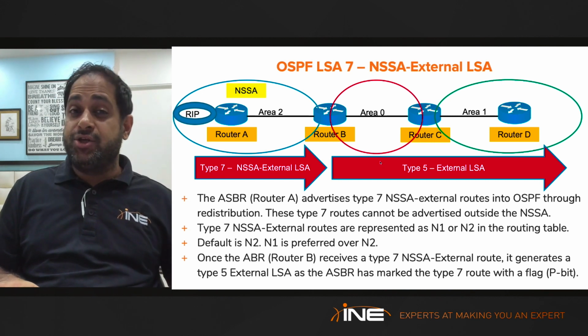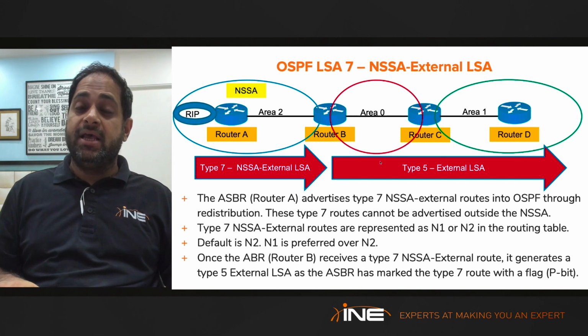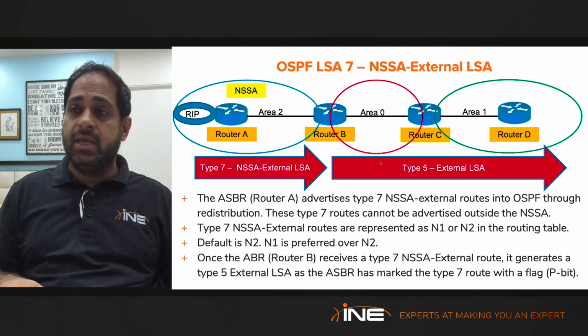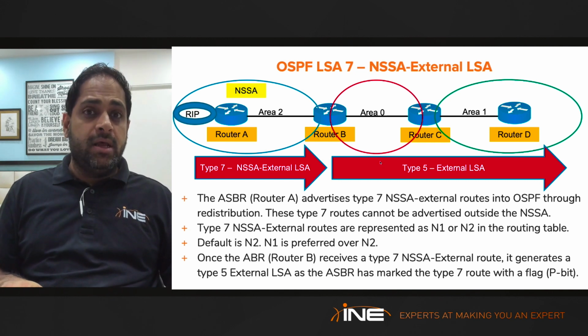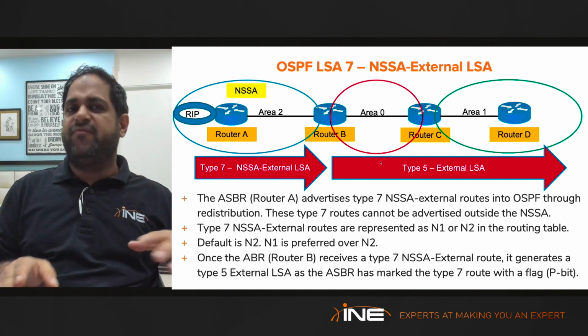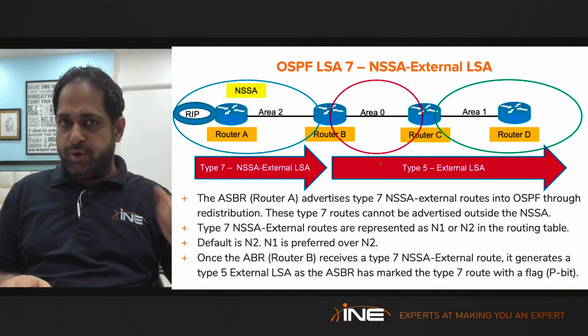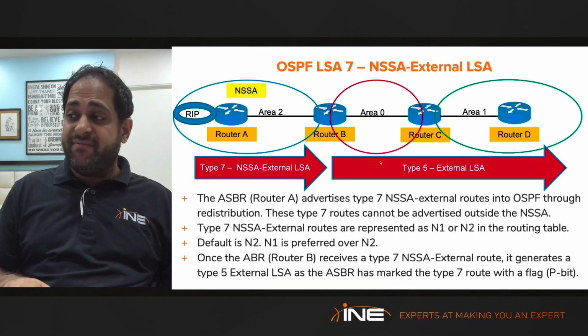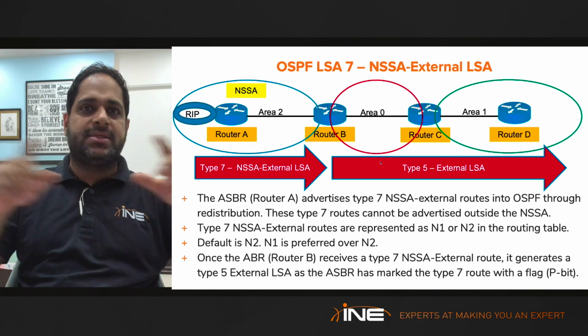So instead, he generates a type 7 LSA, which is the external LSA for not so stubby areas. It is again prefix information for the RIP routes learned through redistribution. Type 7 cannot go outside the area.